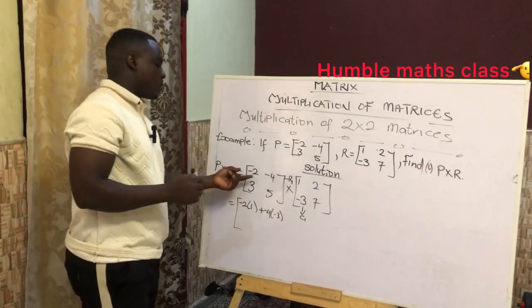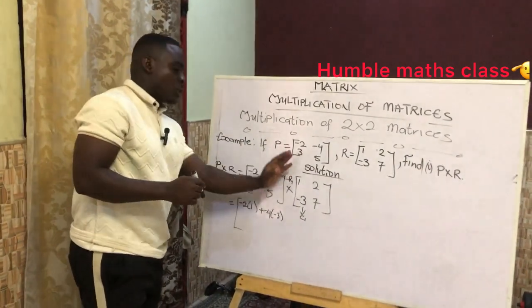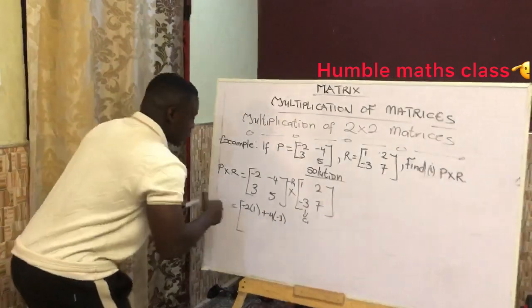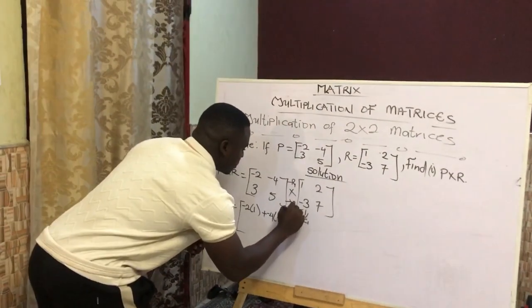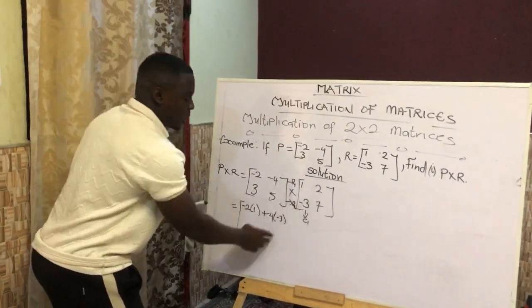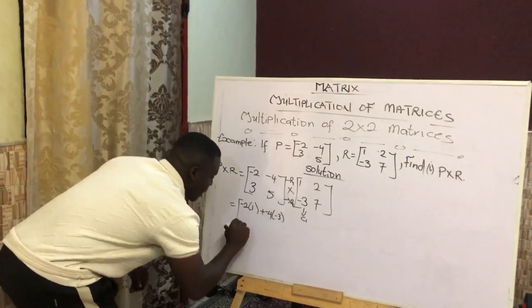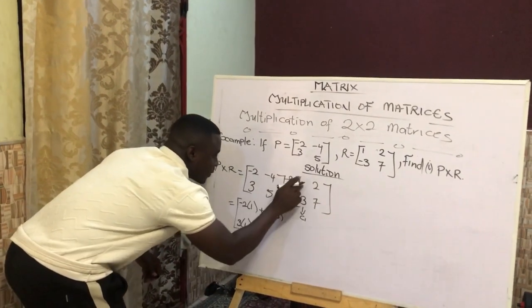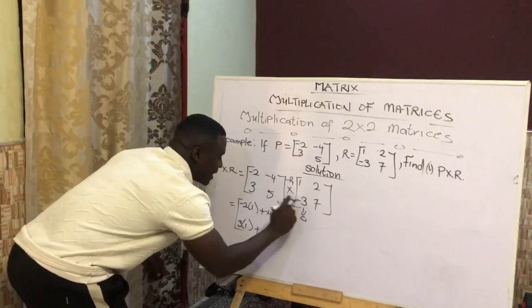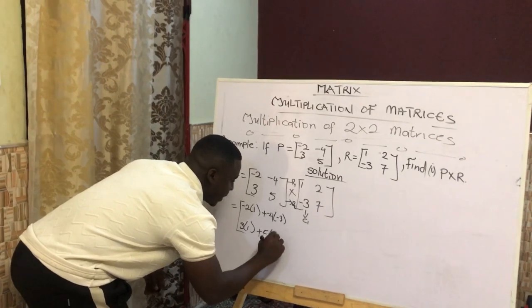When you're done, the same matrix in this base multiplies the same column. So this row 2 multiplies column 1 of this base. So I have 3 multiplies 1 plus 5 multiplies minus 3.